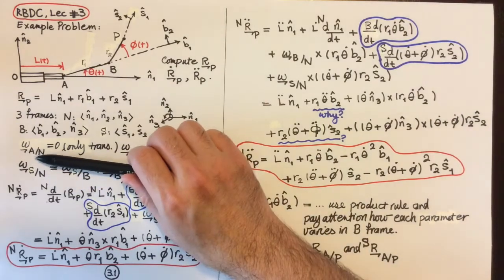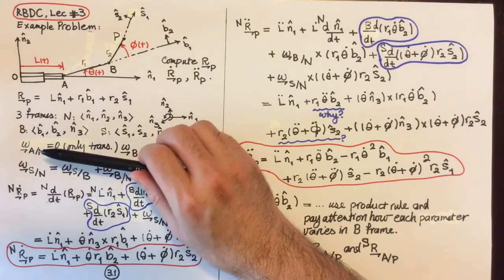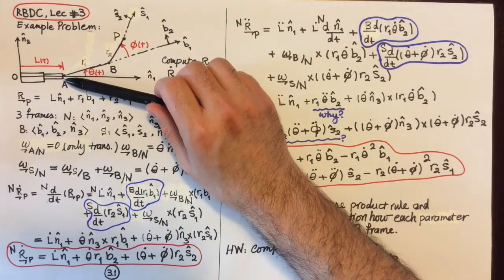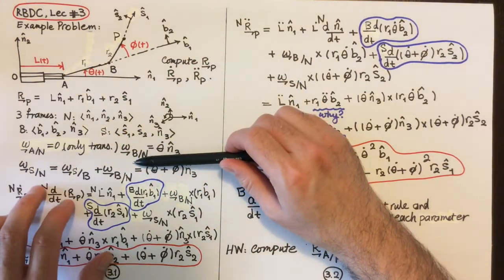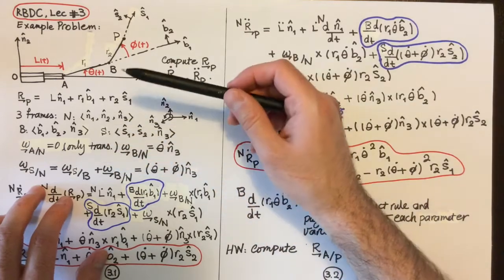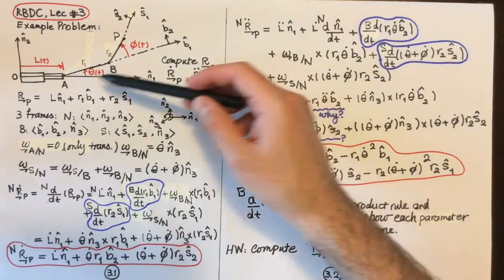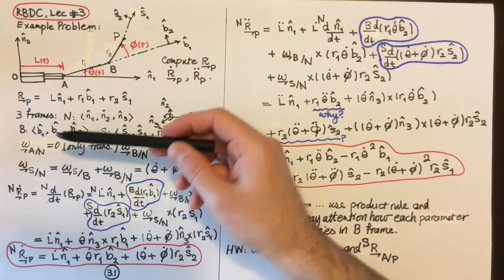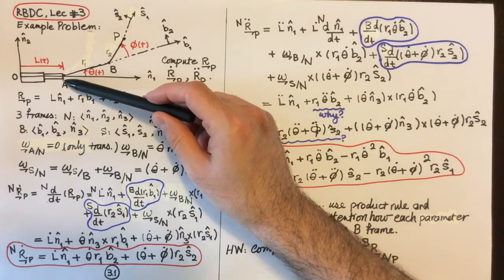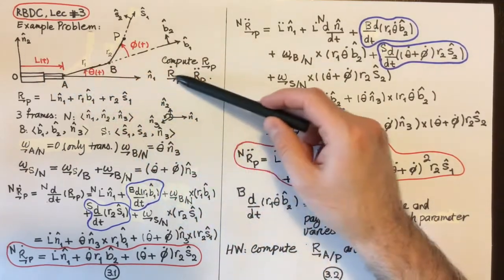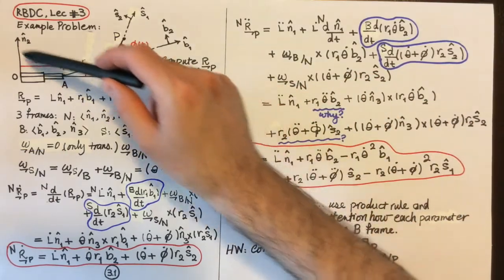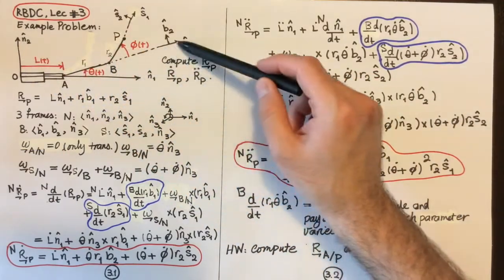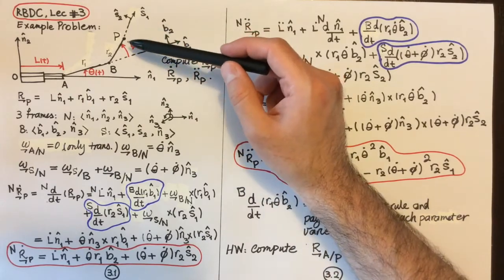So omega for A with respect to N is obviously 0, and I can use the endpoints or just a frame. It makes no difference. For A, there is no omega. That's why we simply define this frame, so I'm not defining a frame attached to A. So I have this N frame, B frame, and S frame.